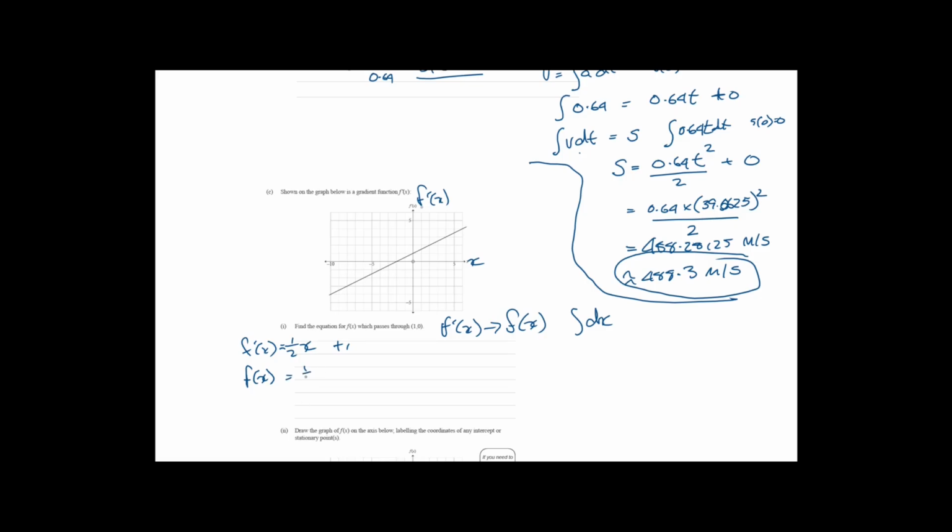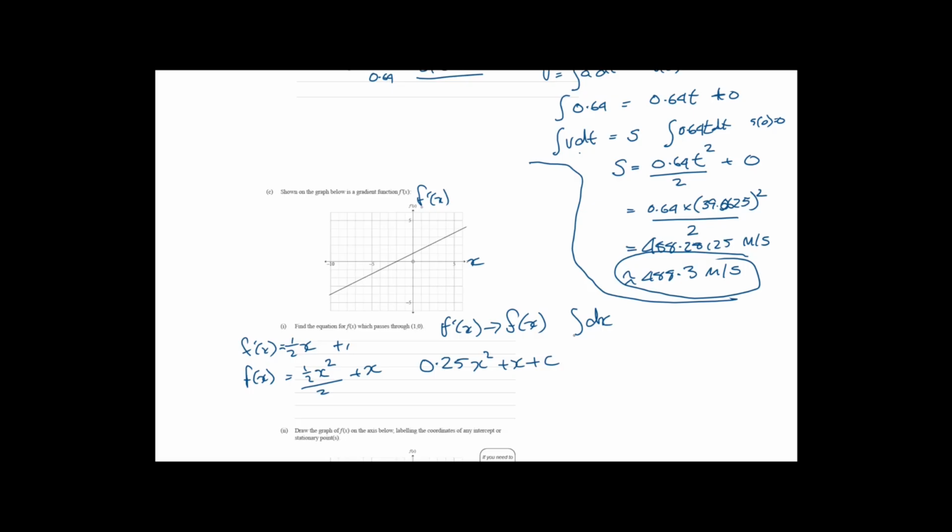So the half is going to stay there, x is going to go up by a power to x squared, and then we divide that by 2, plus x. So half divided by 2, that's going to be 0.25 x squared plus x plus c.